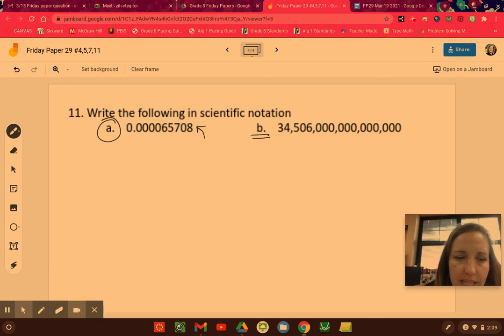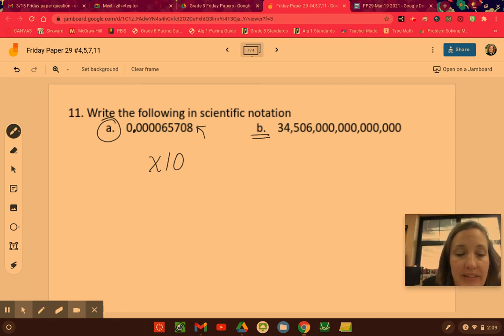When you have a really tiny number and you're going to express that in scientific notation, do you remember what it's going to end up with? Is it going to be times 10 to a positive exponent or a negative exponent?